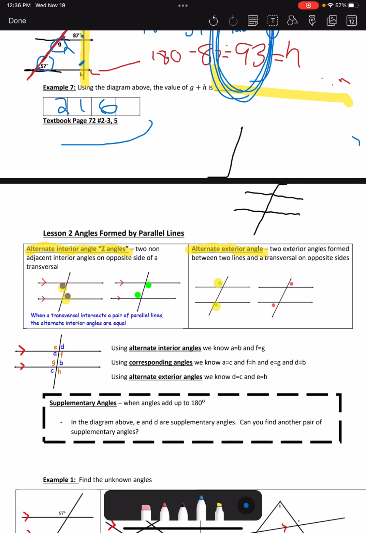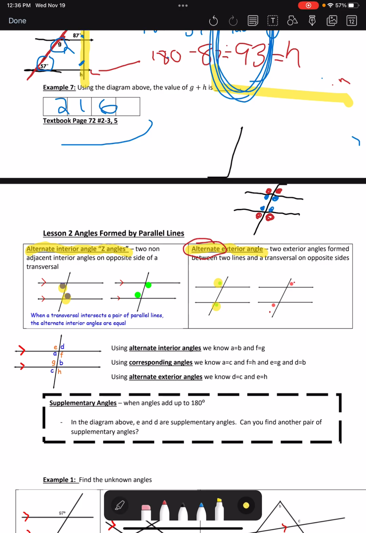Our interior angles would be inside of those parallel lines that are intersecting that transversal. And then our exterior angles, I'm going to draw in red, are going to be outside of that transversal intersecting those parallel lines. So alternate exterior just means opposite sides on the outside of those parallel lines.